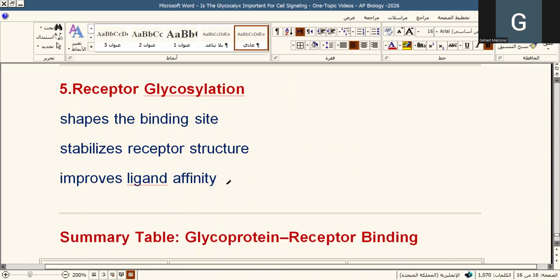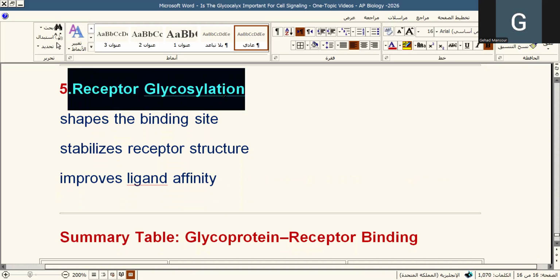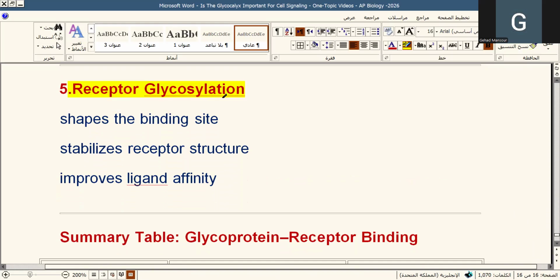And finally, receptor glycosylation is what we've talked about, that we glycosylate the receptor to control its shape and therefore control the shape of the binding site. So this is actually not a fifth type, but a general piece of information that glycosylation of a receptor helps modify the binding site and therefore helps activate or inactivate the receptor.